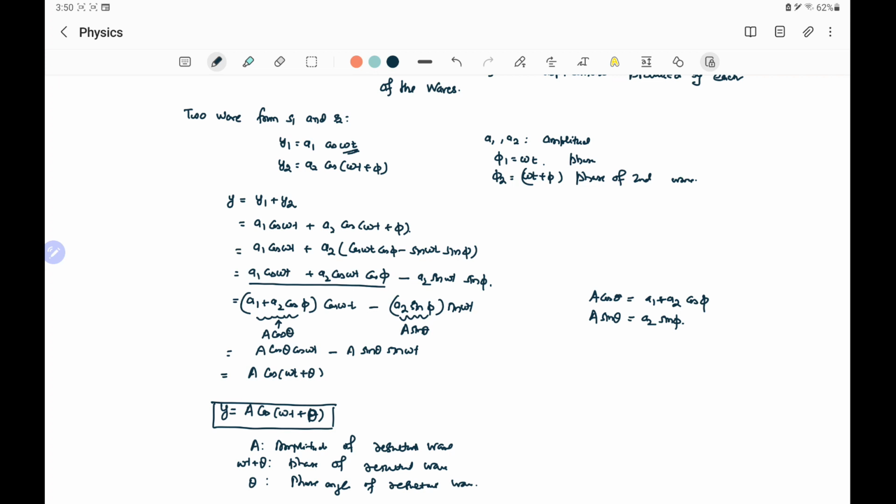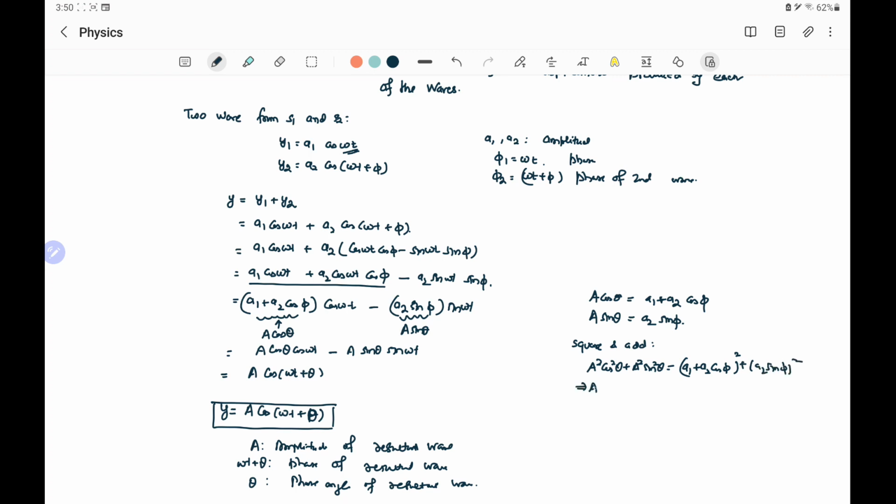To find A, we square both equations and add. It gives A square cos square theta plus A square sin square theta equal to (a1 plus a2 cos phi) whole square plus (a2 sin phi) whole square.